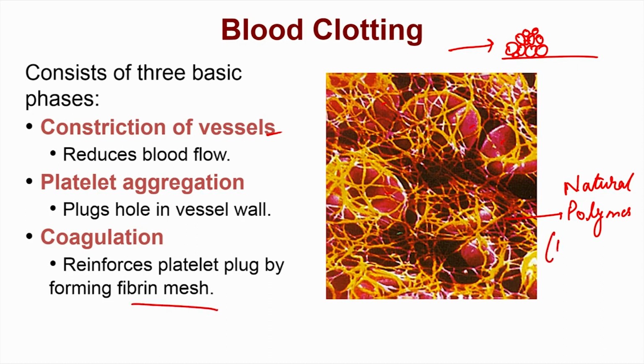I have defined this as the fibrin mesh, and that will cause these cells to get entrapped along with some RBCs as seen here, to then form a very tight network which will stay till the healing can happen. So, you are not going to bleed out at that point.